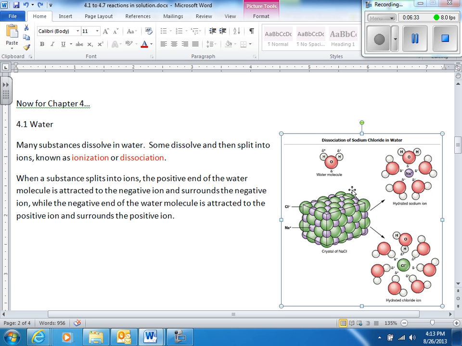And over here, this whole crystal is sodium chloride. So the chlorides are the big greens, and the sodiums are the smaller metal-colored balls. Chlorine is a green gas, that's why they're marked as green here. Okay, so the chlorides are negative ions. So which part of the water will align? The positive part. So you'll notice now the positives of the waters all align with the negative of the chlorine. This is called hydration.